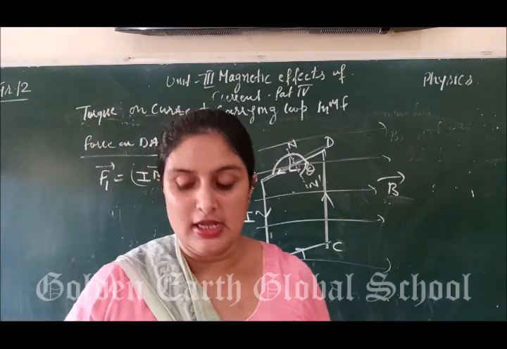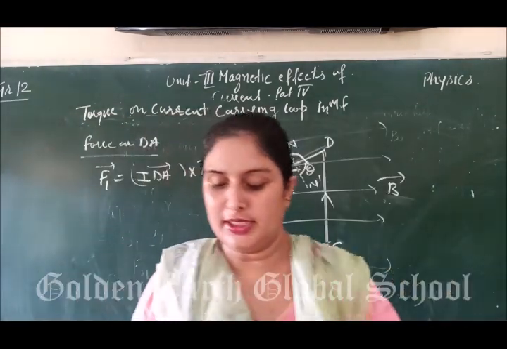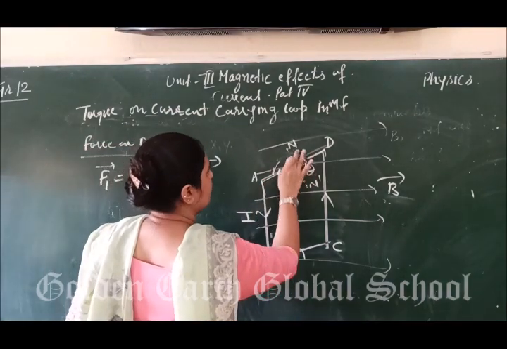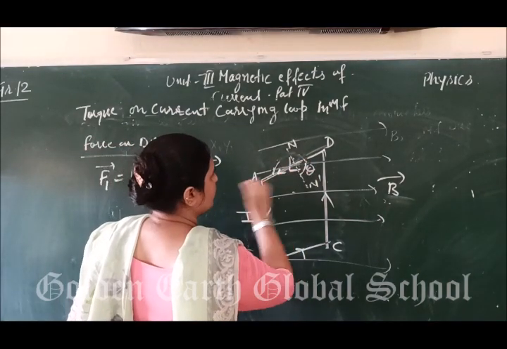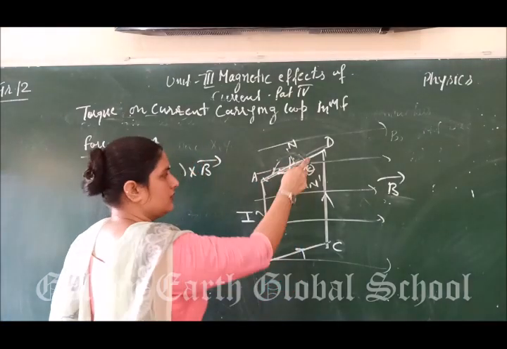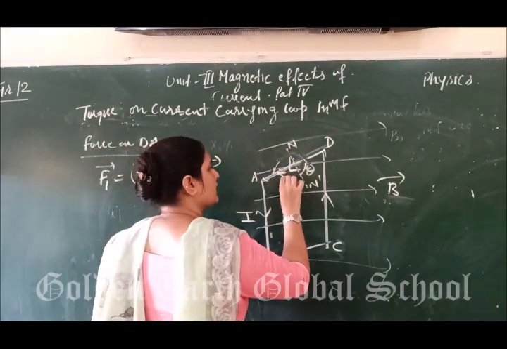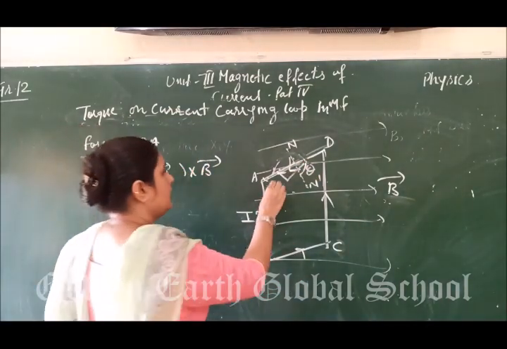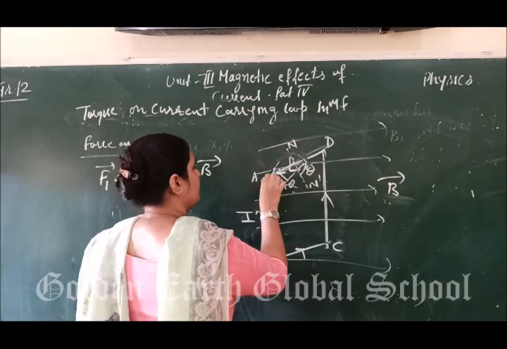Clearly it is visible. The angle will be 90 degrees plus theta. If it is not very clear, you can calculate from here also. This is the coil and this is the magnetic field. We have to calculate this angle. It will be 90 degrees plus theta.